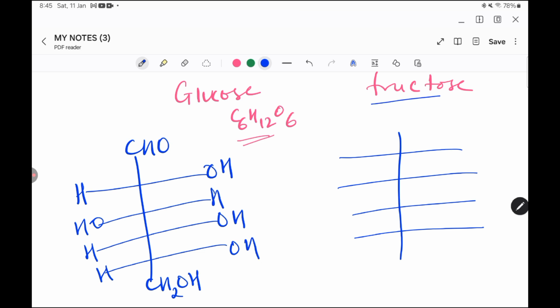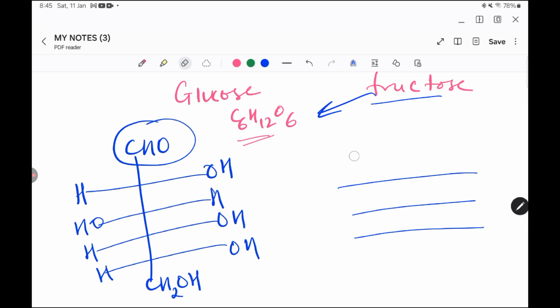Now coming to the ketone, fructose, it also has the same formula. The difference is that glucose contains an aldehyde and fructose contains a ketone. So of course it's understood that you cannot write the ketone on the first carbon atom, right? So you'll have to write this ketone on the second carbon atom. I'll just change this structure slightly now, children. So this will be your first carbon atom. I'll write it as CH2OH, and the second carbon atom I'll write as C double bond O. So this is the first carbon atom of glucose, CHO.